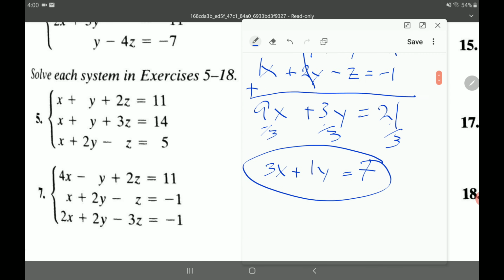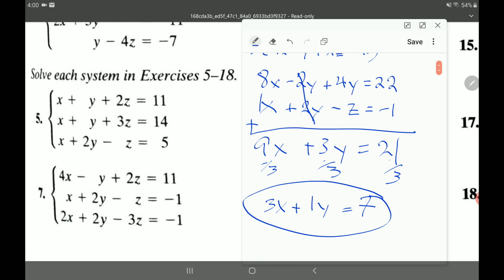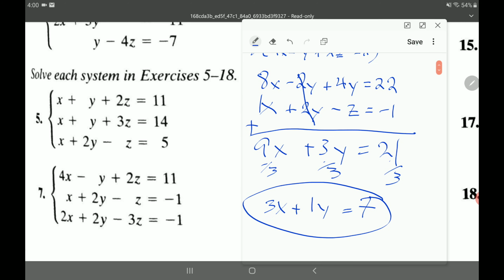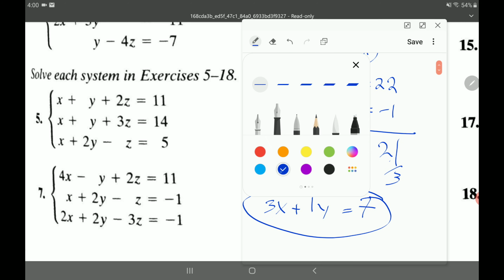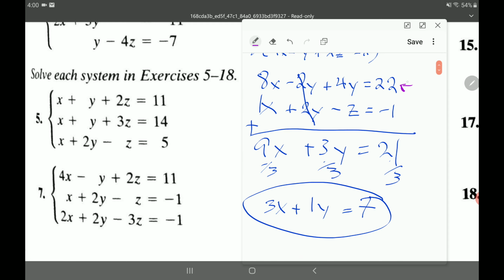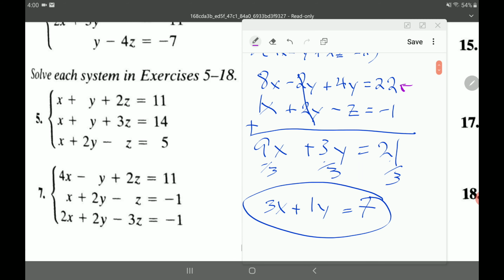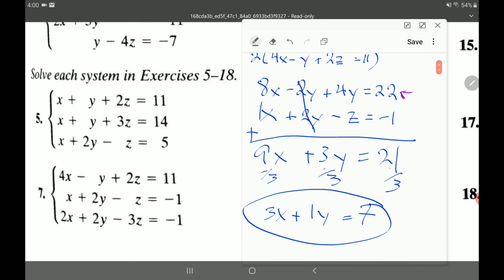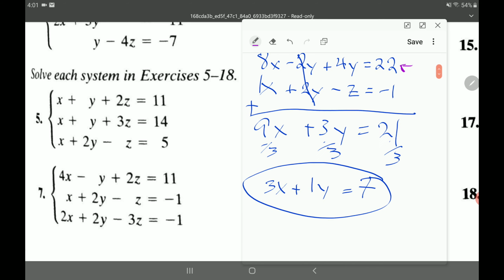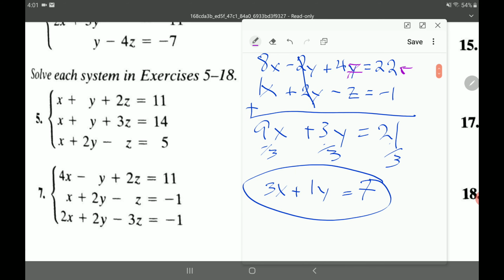We're going to take that multiple here, the 8x minus 2y plus 4z. We're going to take this equation again, and we're going to add this bottom row to it. Let's see if I can change color here. I keep tapping on it like it's going to do something. So that's 8x minus 2y plus 4. Oh, it should be a z.